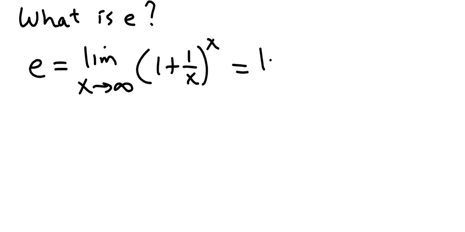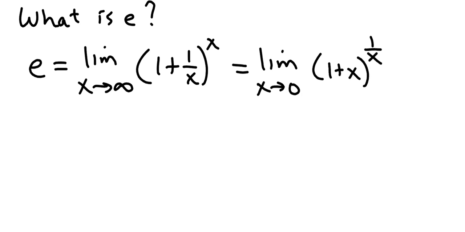It is also the limit as x approaches 0 of 1 plus x to the 1 over x. You don't have to know that for recall purposes. You do have to know that e comes from somewhere.